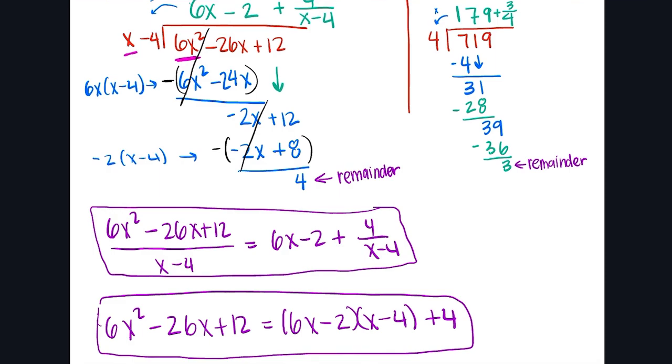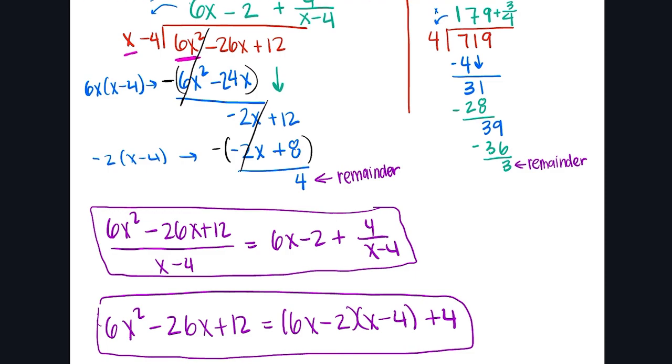I guess if we had switched the fractions, if the x minus 4 is on top and the 6x squared minus 26x plus 12 was on bottom, then we could divide, but there's not really much we can do. Just like if I said I want you to divide 1/3, well, there's not really much else we can do. We could write it as a decimal, but we can't really rewrite that fraction. We could multiply, say it's 2/6 or whatever, but something like that.